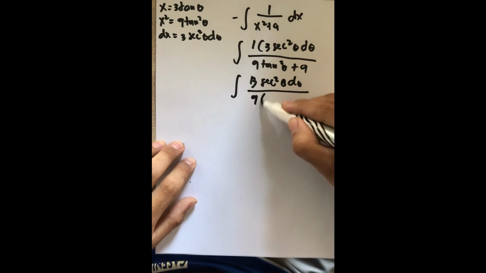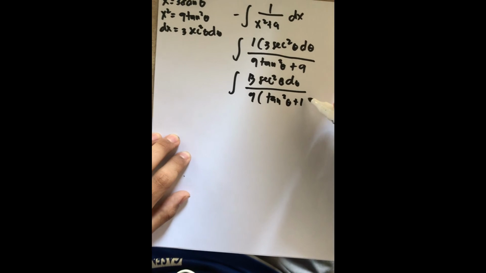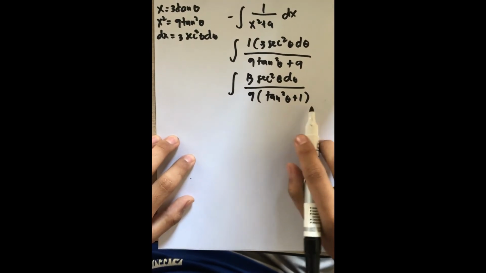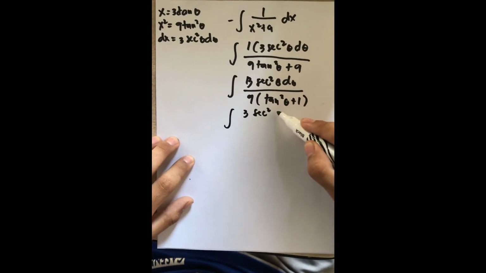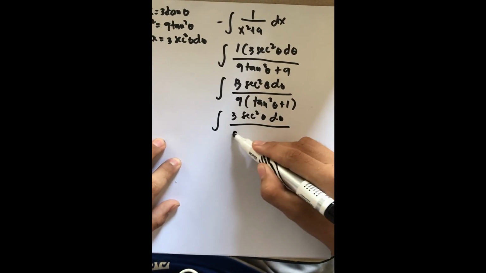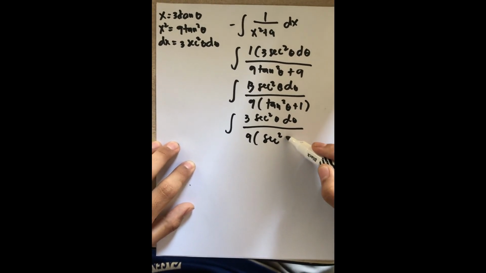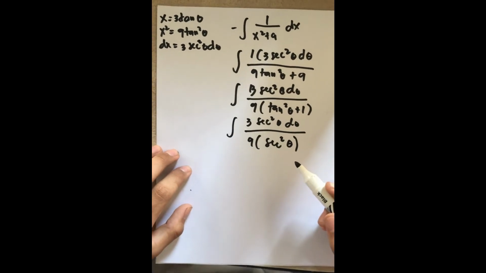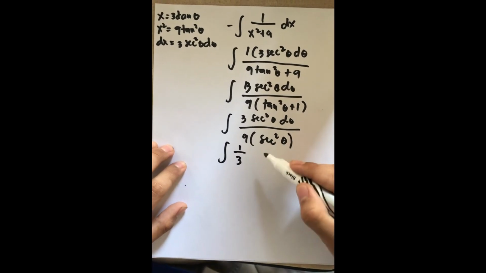So the integration of 3 secant squared theta d theta over 9 times tangent squared theta plus 9. Tangent squared theta plus 1 is, by a trigonometric identity, secant squared theta. Therefore, the integration of 3 secant squared theta d theta over 9 secant squared theta. Next, 3 over 9 is reduced to 1 over 3. Let us bring that out.